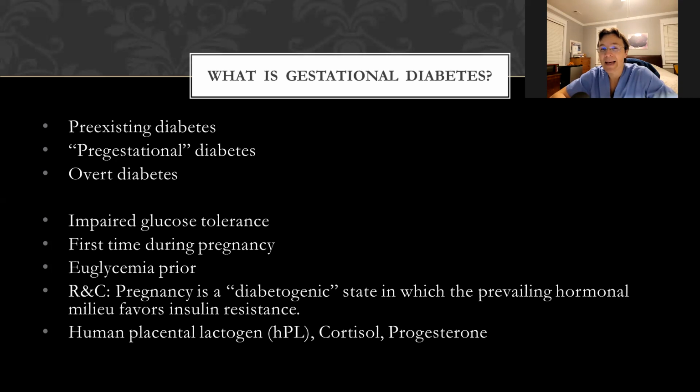You can't explain it or phrase it better than Robbins and Cotran, which describe this with a romantic statement: pregnancy is a diabetogenic state in which the prevailing hormonal milieu favors insulin resistance.